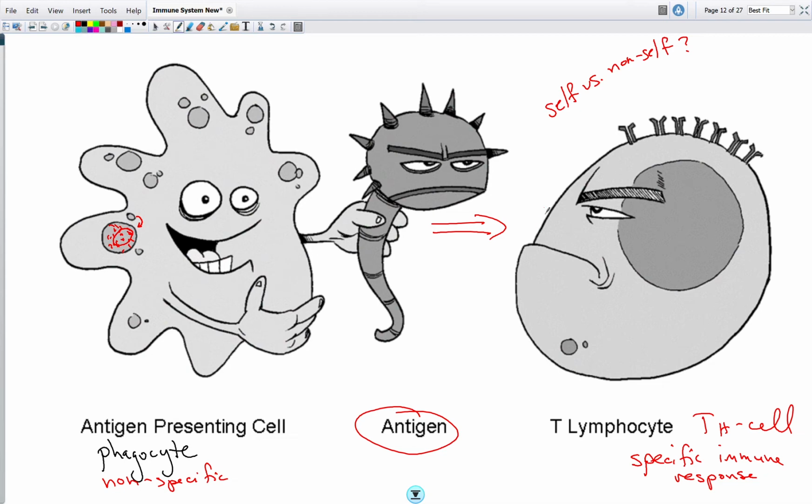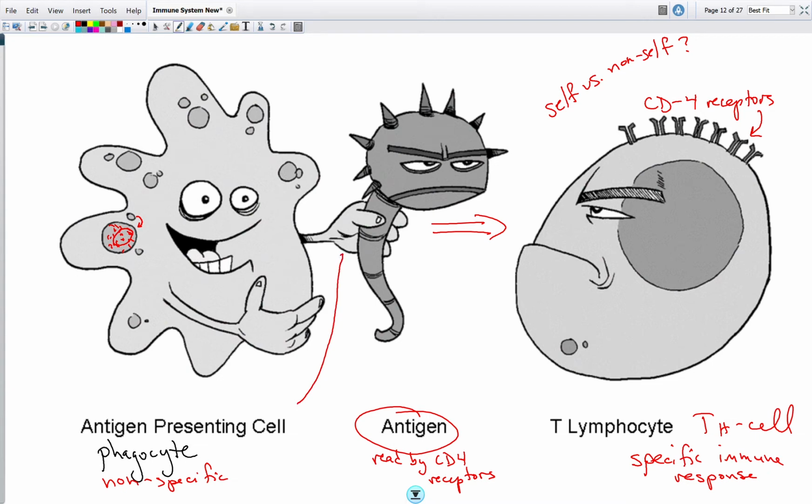Now, in order to do it, this T helper cell uses what are called CD4 receptors. And these CD4 receptors read this particular antigen. So the antigen is read by CD4 receptors on that helper T cell.